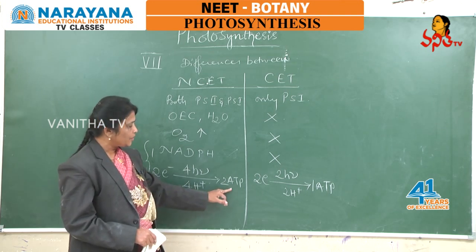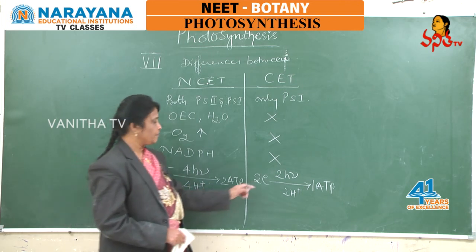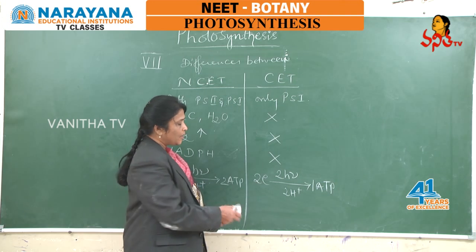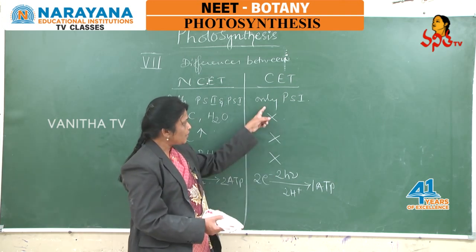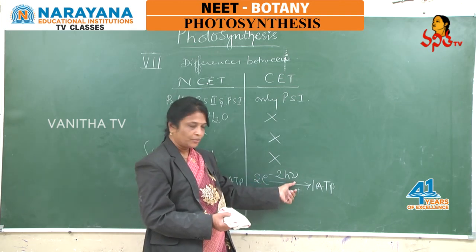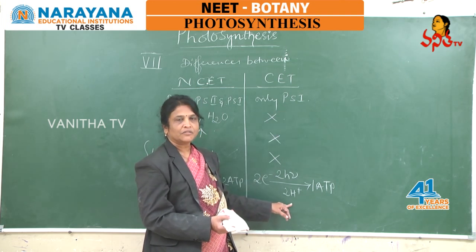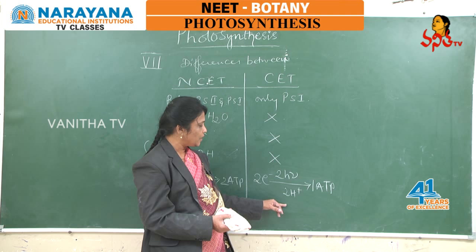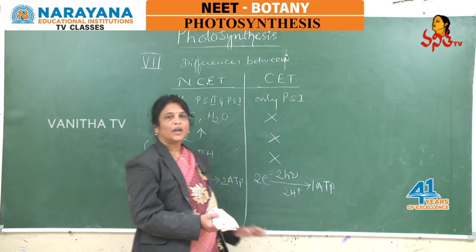As they are translocated through the coupling factor, they cause the synthesis of 2 ATP molecules. Whereas in CET, for a pair of electrons moving from P700 back to P700, only 2 photons are utilized for the excitation of PS1 and only 2 protons are translocated from stroma to lumen through the Q cycle, and that causes the synthesis of only 1 ATP.